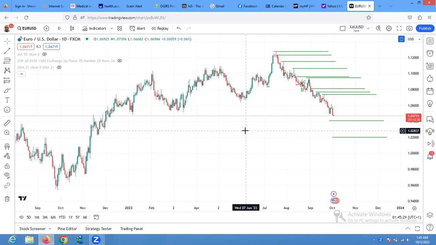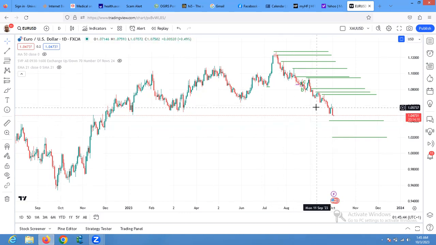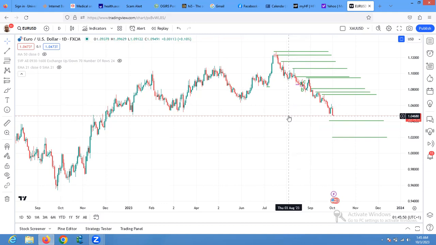Let's have a look at what the trend is doing, and we are yet to see a substantial movement to the upside. We are yet to break the structure, and this is the daily time frame, and the structure we're anticipating is at this point.